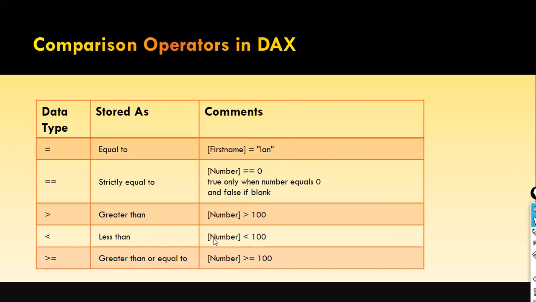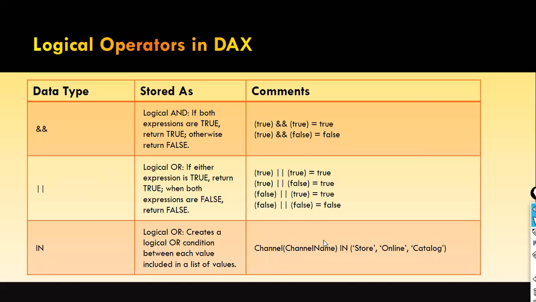And greater than, less than, greater than or equal to, these are all self-explanatory. And if you want to combine more than one condition, supposing you want to find out the total sales for region equal to north and country equal to USA, United States. In the United States, I want to display only the north region sales performance.